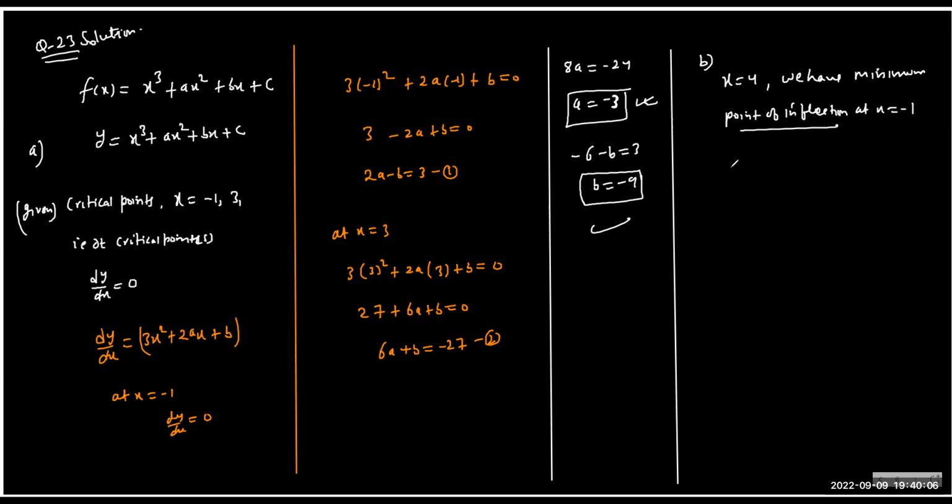But you need to understand what we are doing here. When I put x equals 4, the first derivative must vanish, isn't it? Yes, sir. So do it. But that will give you only one equation. To get the other equation, you have to use the point of inflection, which needs the second derivative, which you can do easily.